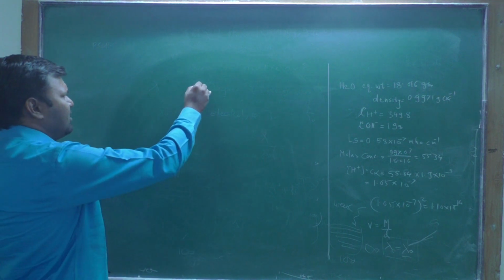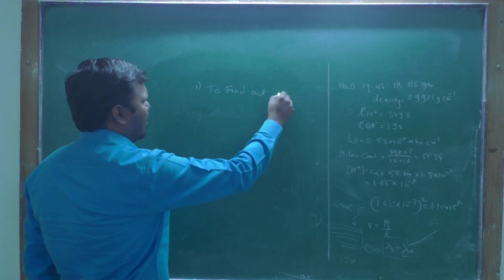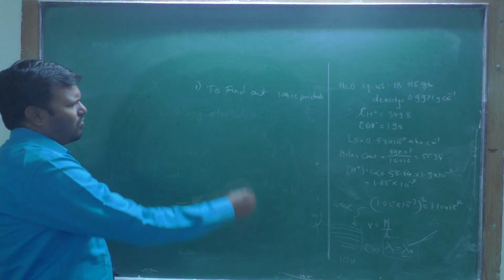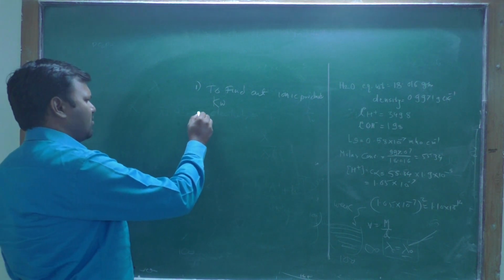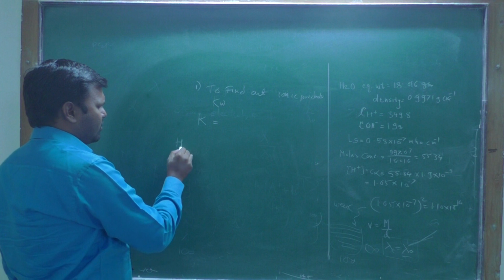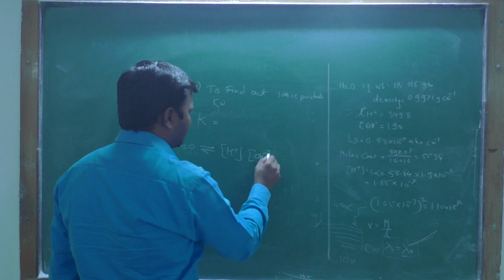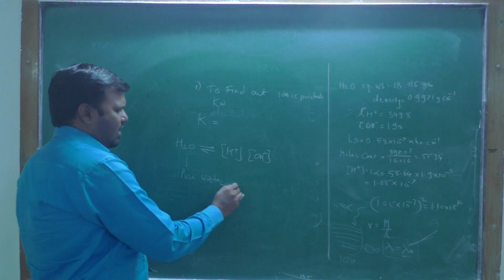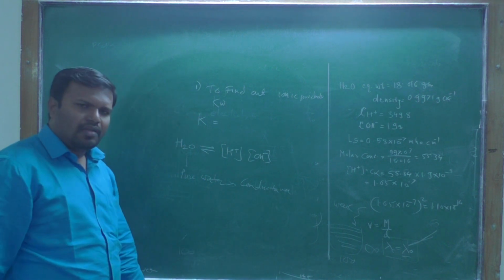The first application is to find out the ionic product of water. The ionic product of water is denoted by Kw. Consider the dissociation of water: H2O gives H plus ions and OH minus ions. Pure water has some conductance, a very small conductance.